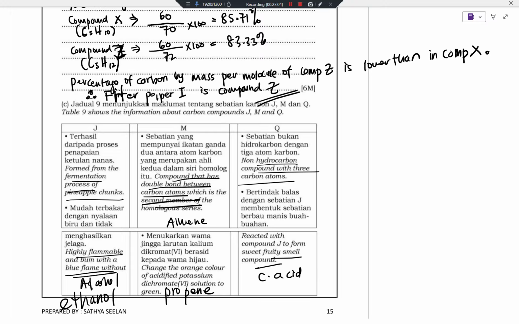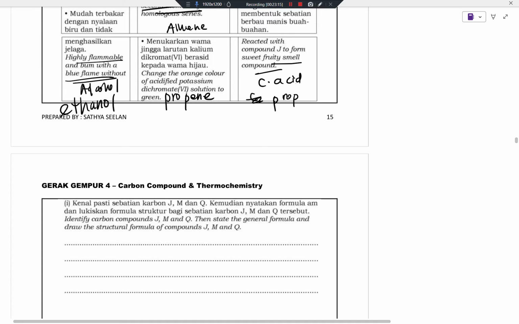Fermentation செஞ்சா வேற alcohol வராது. இது 3 ஹைட்ரோகார்பன், 3 கார்பன் ஆட்டம் இருக்கிறதுனால. பட் எனிவே இட்ஸ் அ ப்ரோபானிக் ஆசிட். 3 கார்பன் வந்தாலே ப்ரோபானிக் ஆசிட். ஸோ அப்போ அதுதான் கேட்குறாங்களா? ஓகே, ஐடென்டிஃபை கார்பன் JMQ. J வந்து இத்தனால், M வந்து ப்ரோபீன், Q வந்து ப்ரோபானிக் ஆசிட்.